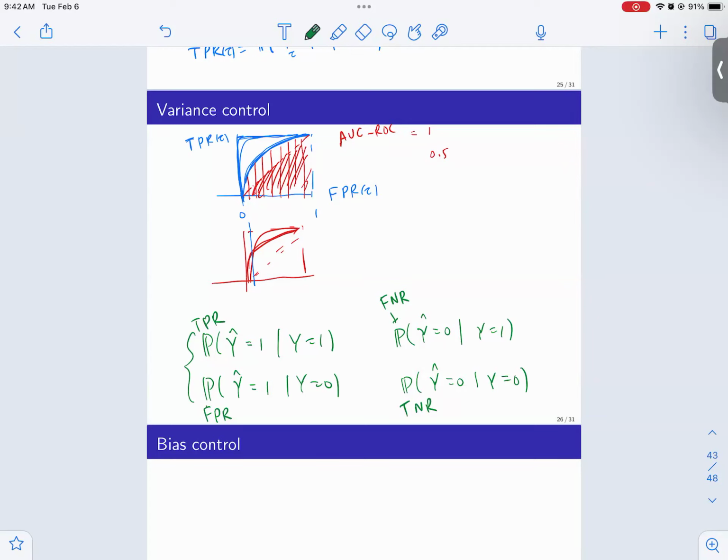True positive rate: the true label is positive and your prediction is positive. False positive rate: the true label is negative, but you declare positive, so it's a false positive. And if it's a false negative, you're predicting negative, but the true label is positive.